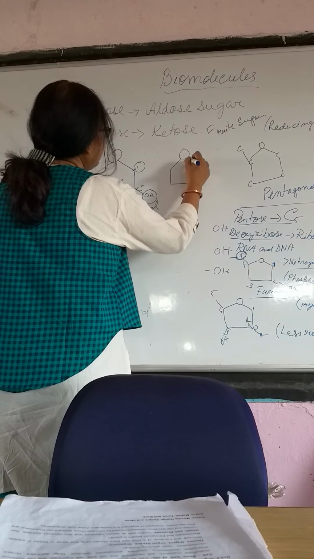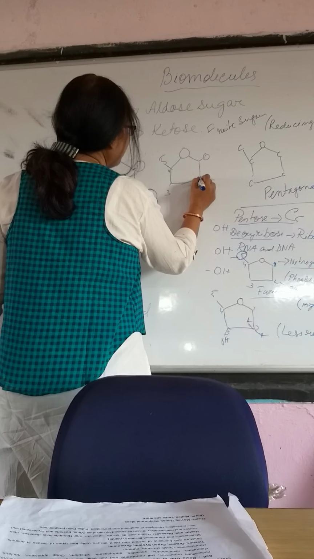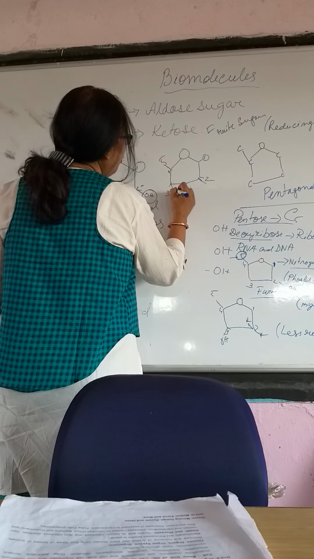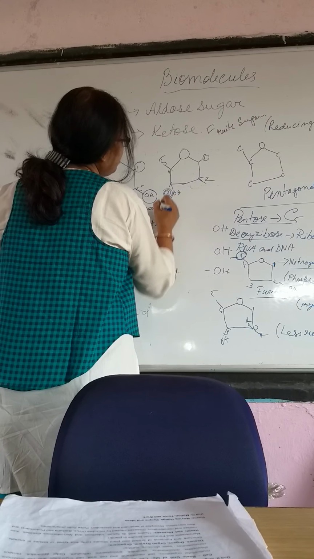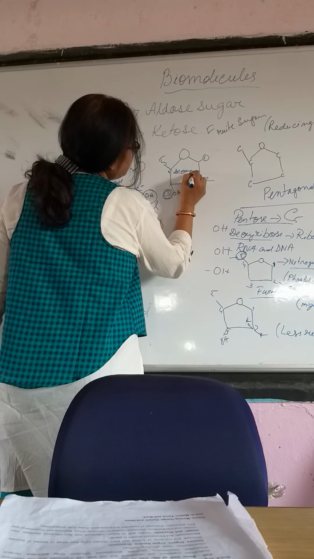Now in this structure, here is the 1st, 2nd, this is the 3rd, this is the 4th one, and here again the 5th one. But here we have only one functional group attached to the 3rd position, and this is deoxyribose. Here we don't have the functional group attached at the 2nd position as it is in ribose.